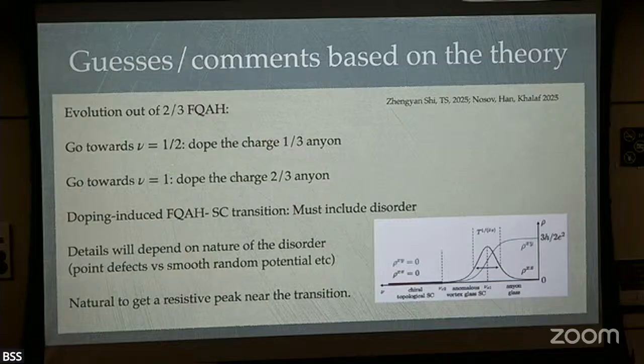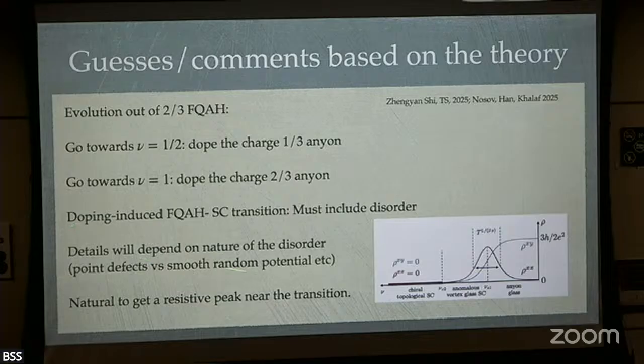So when you evolve out of the 2/3 state, now in the experiments, the signature of superconductivity is seen only on one side. When you go towards nu equals 1, it's not seen on the other side when you go towards nu equals half. So we say, okay, maybe when you go towards nu equals half, you're doping the charge 1/3 anyon. When you go towards nu equals 1, you're doping the charge 2/3 anyon. We have no microscopic reason to suspect this, but phenomenologically, if this happens, we can accommodate the phenomenology, right?